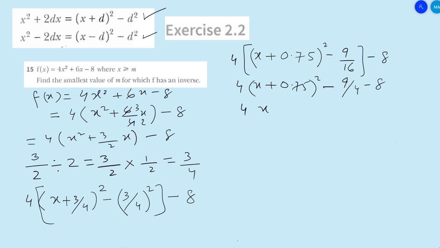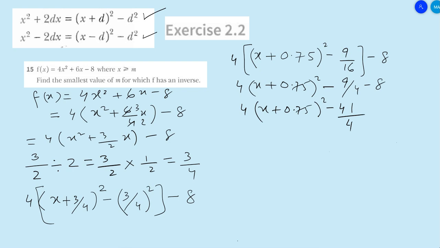Finally, 4(x + 0.75)² − ... 4 8s are 32, 32 plus 9 is 41. So −41/4. Okay. Now it is reduced completely in terms of completing square, a perfect square.